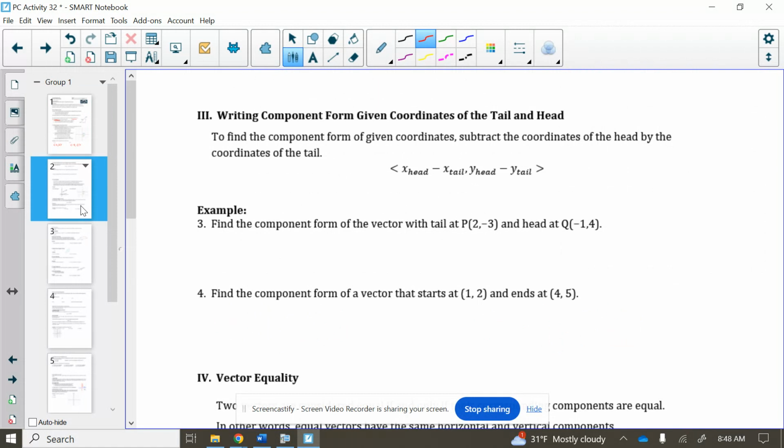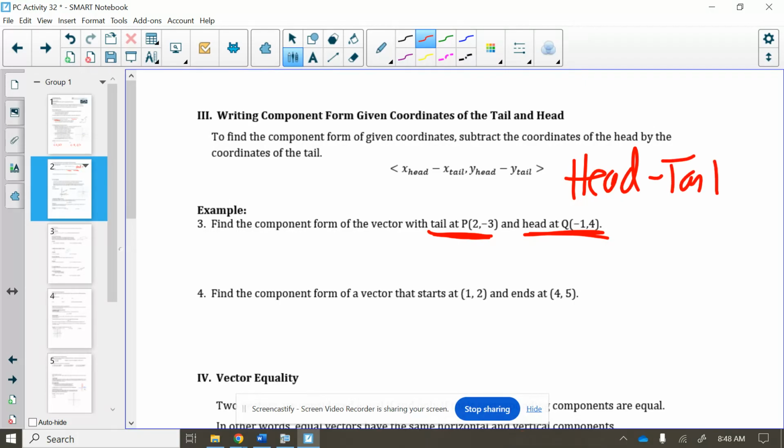All right, sometimes we are given, however, the coordinates, and what we would need to do is take the coordinates of the head and subtract away the coordinates of the tail each time in your corresponding x and x, y and y. So if we are starting at the tail and moving to our head, you always want to think head coordinate minus tail coordinate to show that movement. So we would take the x values of the head, so -1, and subtract away the x component.